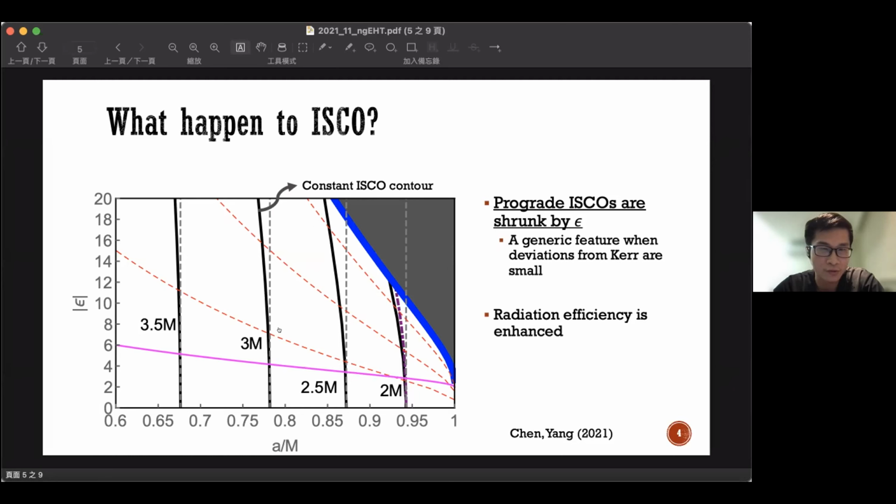When we have a non-zero epsilon, this epsilon will essentially reduce the size of the ISCO radius, in particular the prograde ISCO. This means that a particle moving on the accretion disk is likely to move closer to the black hole, and this would also enhance the radiation efficiency of the particle during the accretion process. We have already shown this explicitly in the paper.